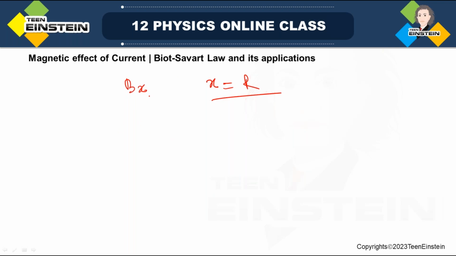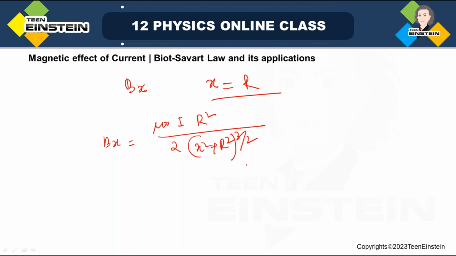So Bx is known to us, mu 0 I r square by 2. When both are equal, what will happen?